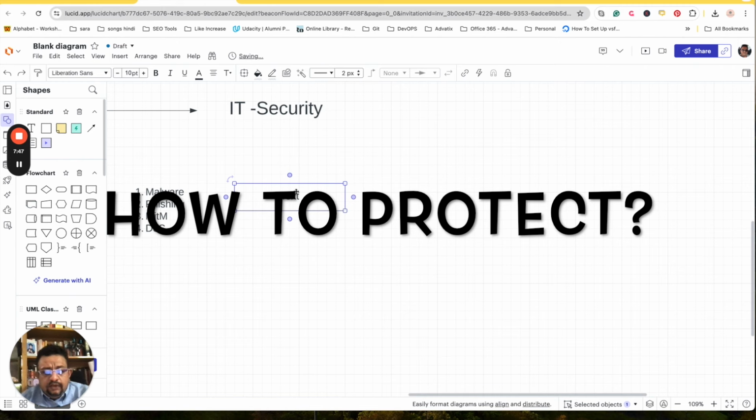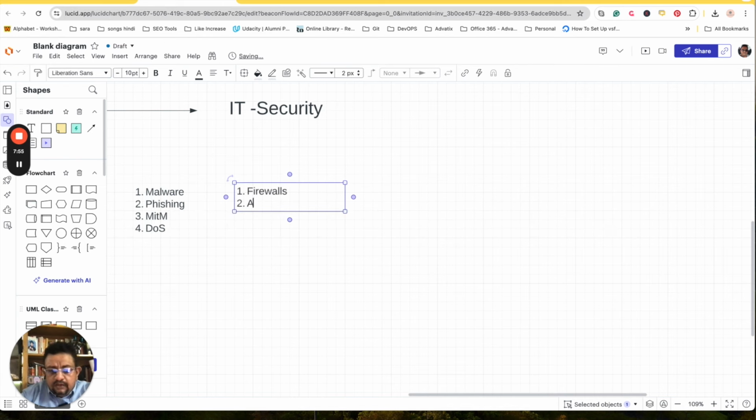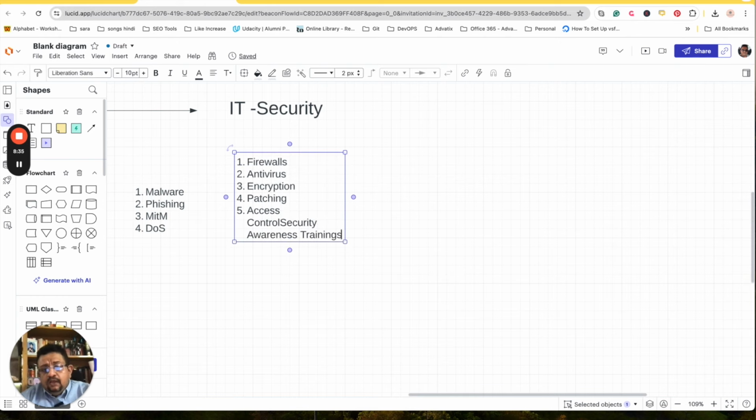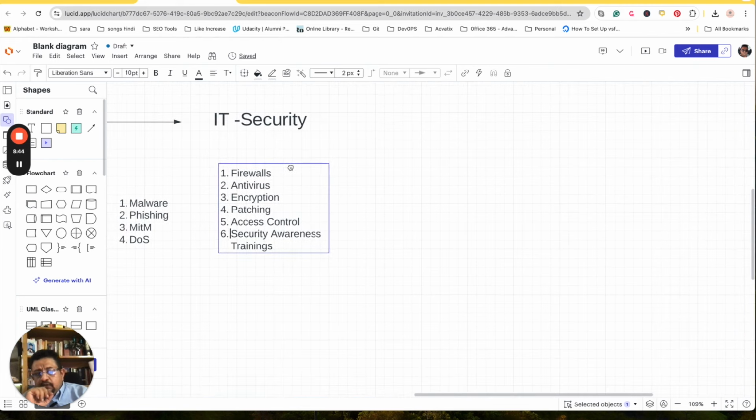The common protections we use are firewalls, antivirus, encryption, patching, access control, security awareness trainings, etc. So you have to use firewalls, antivirus, encryption, patching, access control, and security awareness trainings.